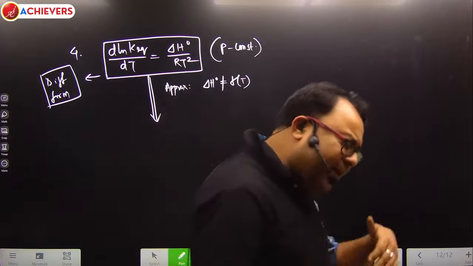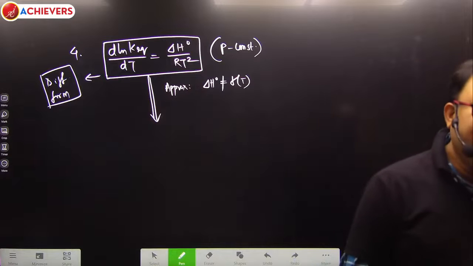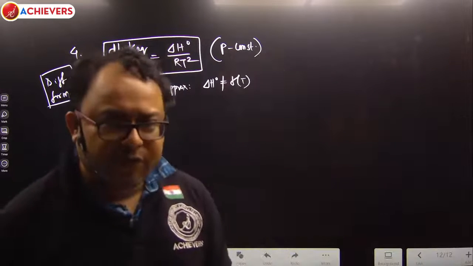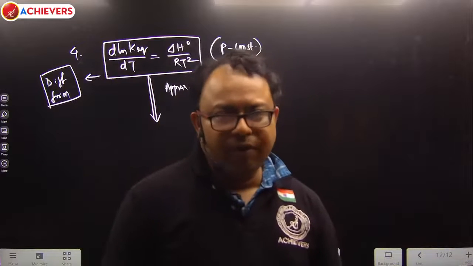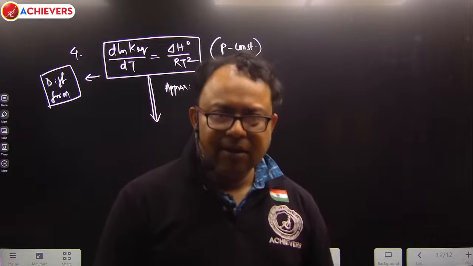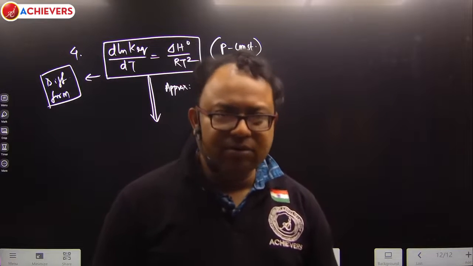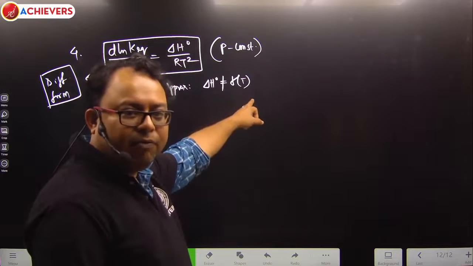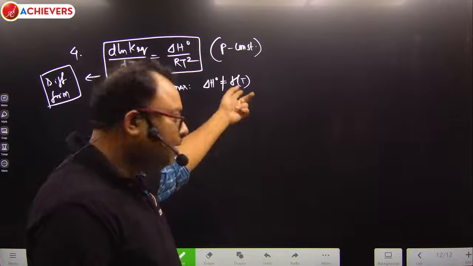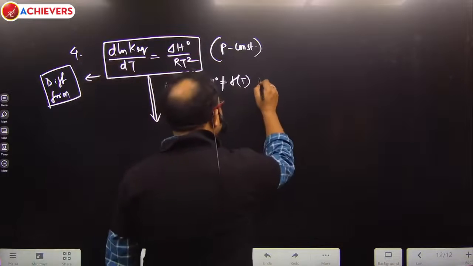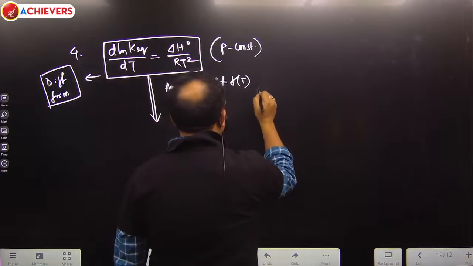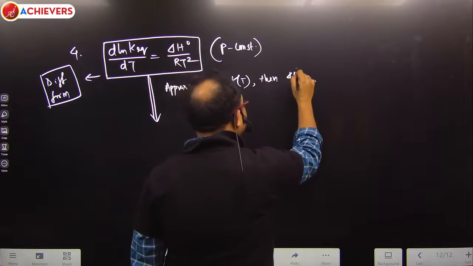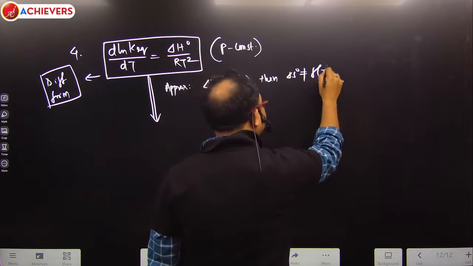Delta H naught may also be a function of temperature. In that case, the interpretation would become very complex, and that is beyond the scope of your syllabus. So we will not study that. We'll just confine ourselves to delta H naught independent of temperature. If delta H naught is independent of temperature, then delta S naught is also independent of temperature.